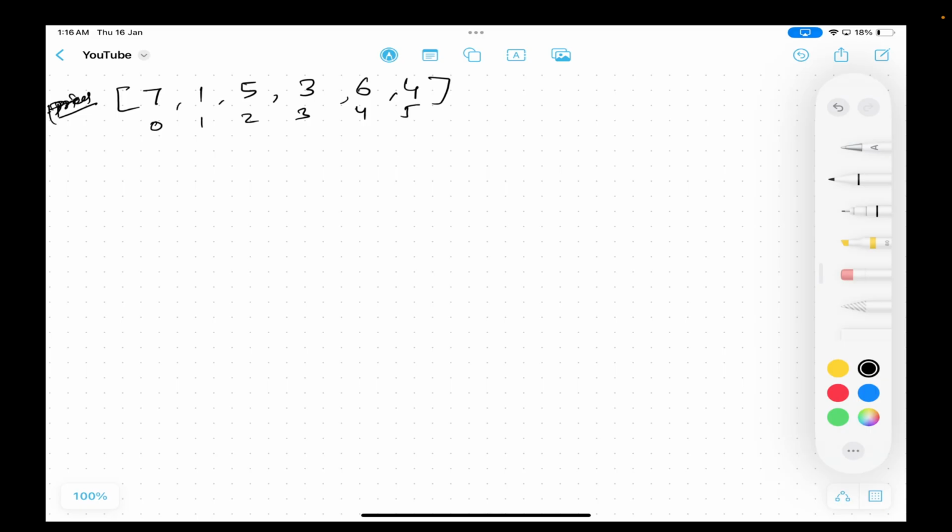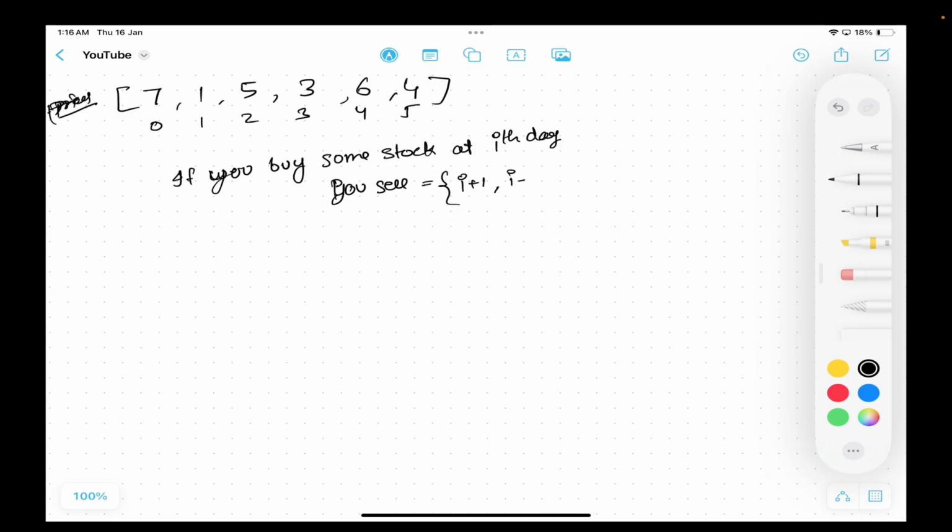So the problem states that if you buy some stock on the ith day, you can sell at any day which is i plus one, i plus two, to the last day.